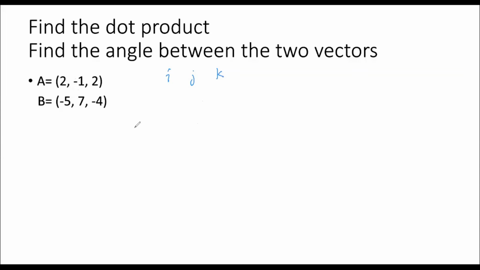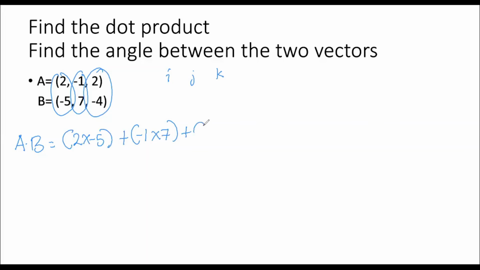A dot B: let's take these together, and then these together. So we'll have 2 times minus 5 plus minus 1 times 7 plus 2 times minus 4.